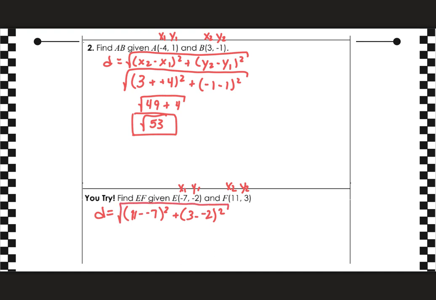And I'm going to just stick that in my calculator exactly as it's written. Hit enter, and I get the square root of 349. Yuck. If I turn that into a decimal, because that really doesn't make any sense to me, that is 18.7. So either one of those would work.